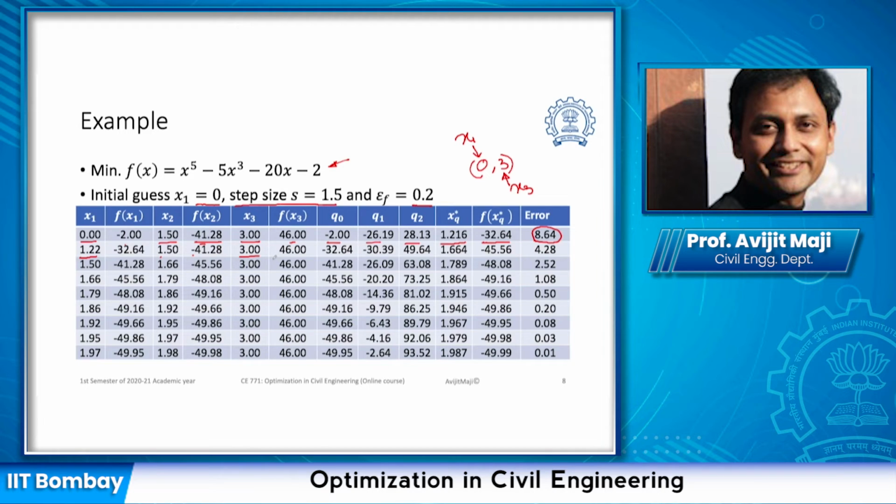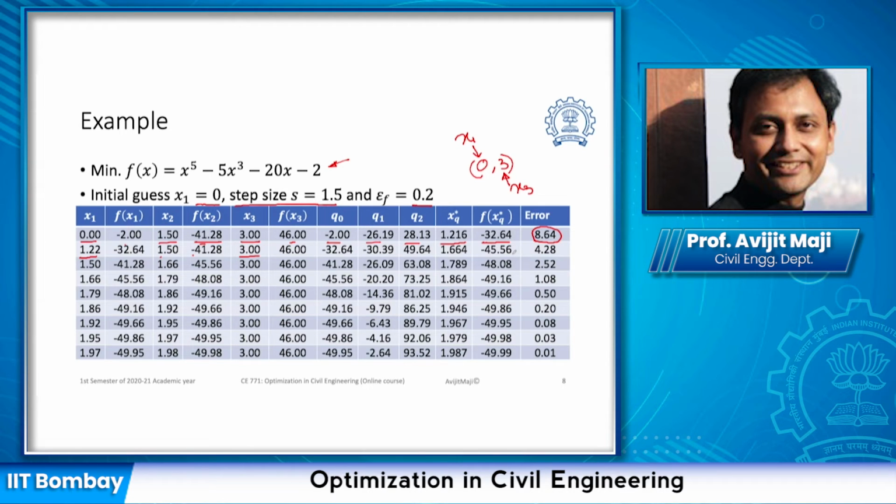Then based on these 3 points and their function value, we can again estimate the Q0, Q1, Q2, and from those we can estimate the optimum point on the quadratic function and its objective function value at that point for the problem which we are solving.